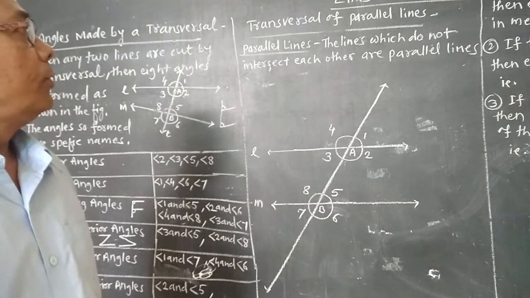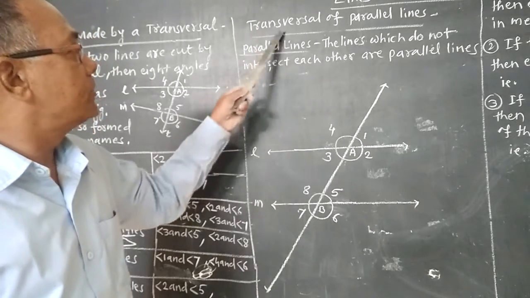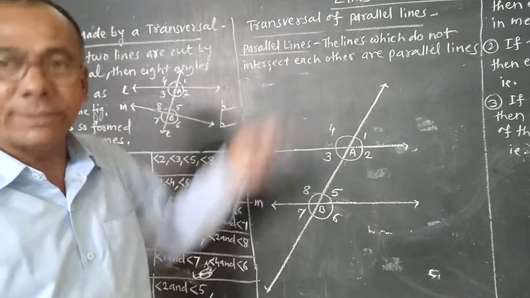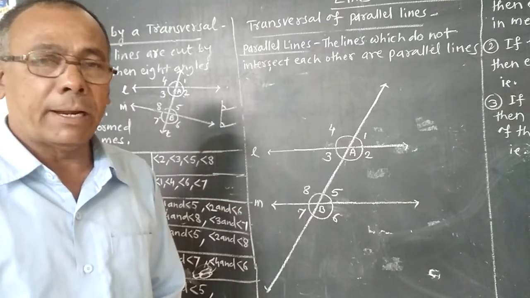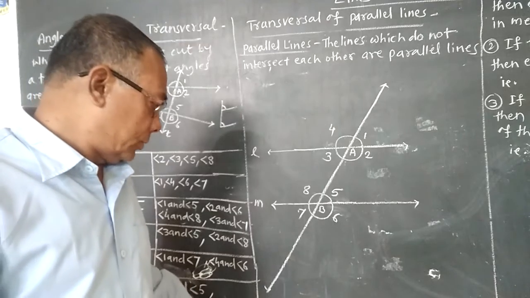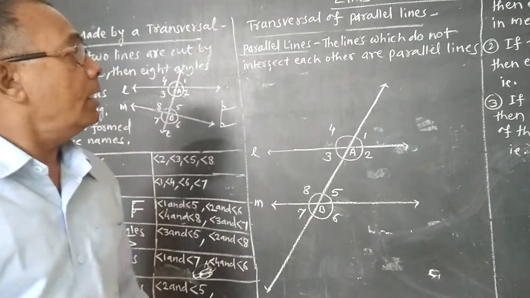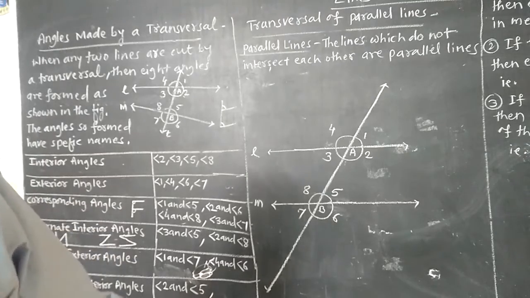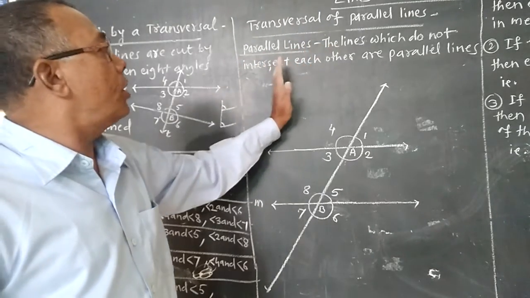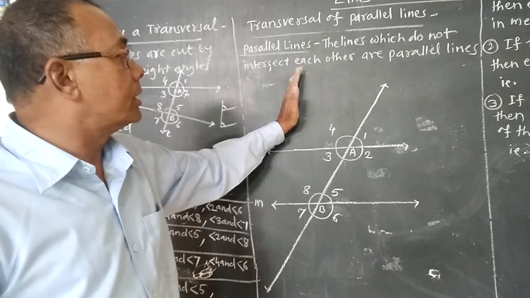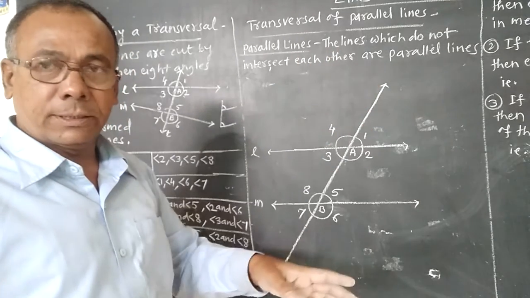Now we have to learn transversal of parallel lines. Here we know the parallel lines means the lines which do not intersect each other are called parallel lines.